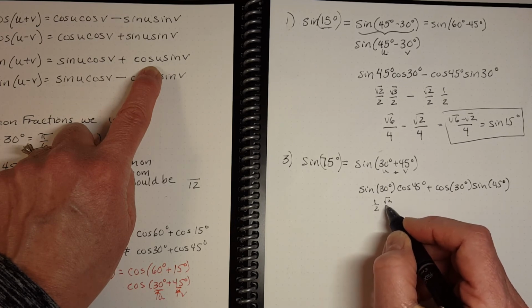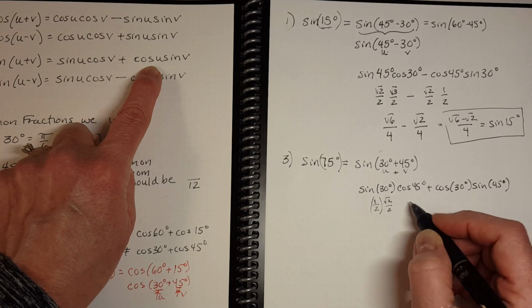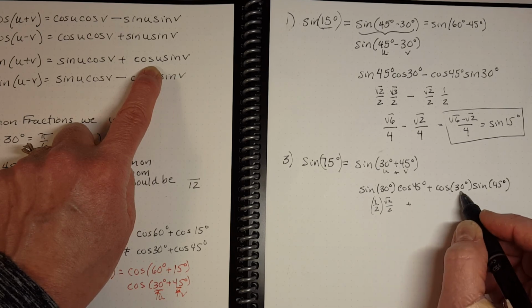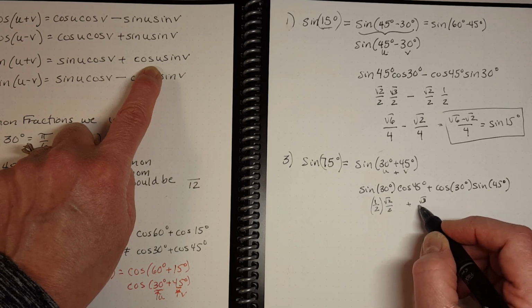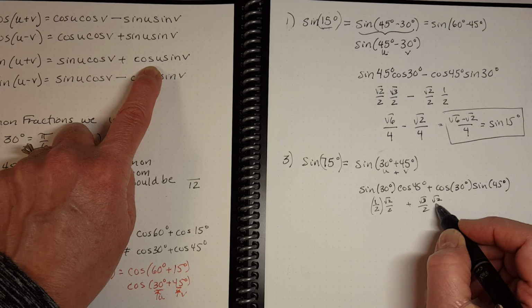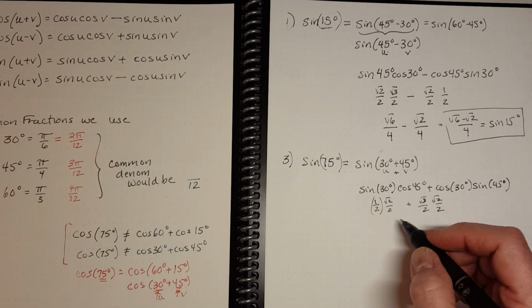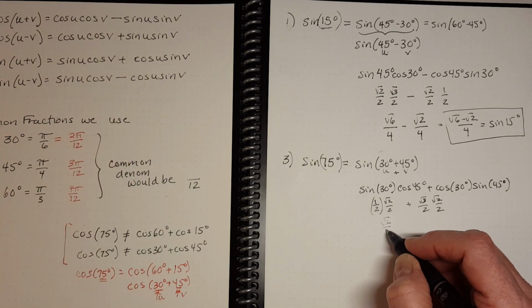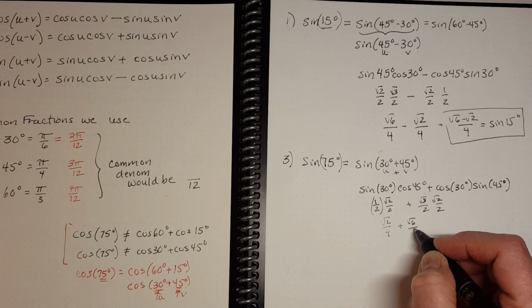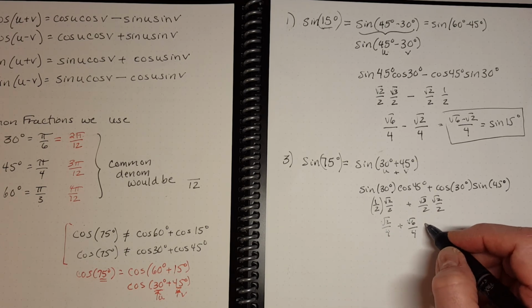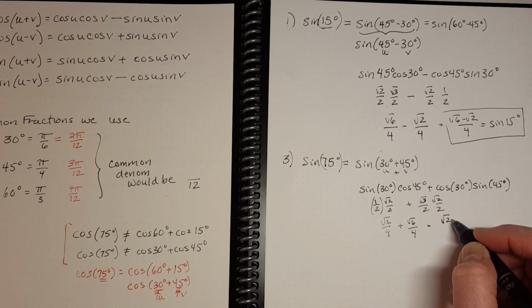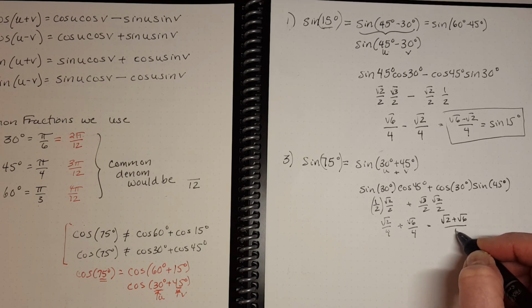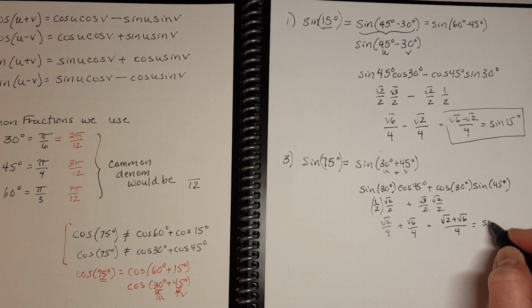Cosine of 45 is root 2 over 2, so multiply those. Plus cosine of 30, root 3 over 2. Sine of 45, root 2 over 2. And so we get root 2 over 4 plus root 6 over 4. And so that equals root 2 plus root 6 over 4. And that's equal to the sine of 75 degrees.